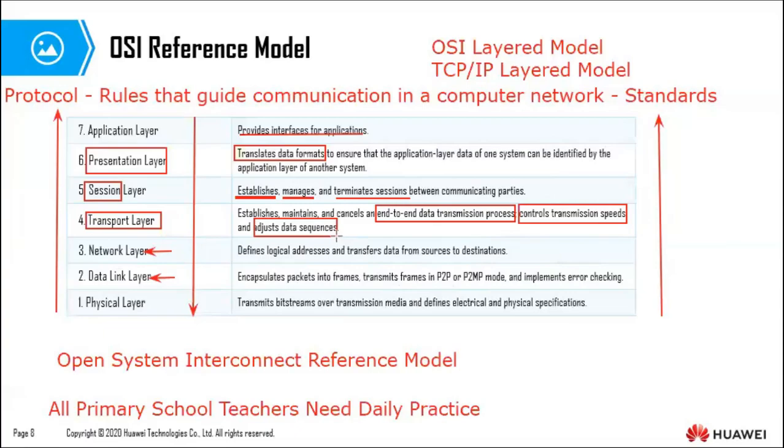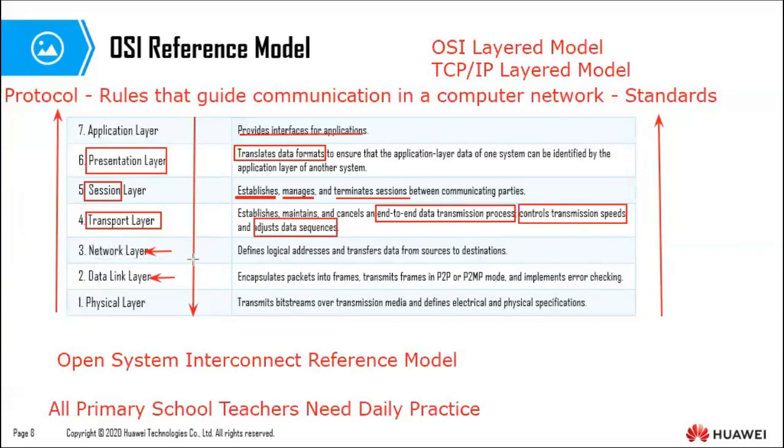You're also able to detect in case you lose any data segments. So generally, at the transport layer, we do end-to-end data transmission, flow control, and also error checking and retransmission in case you lose data.